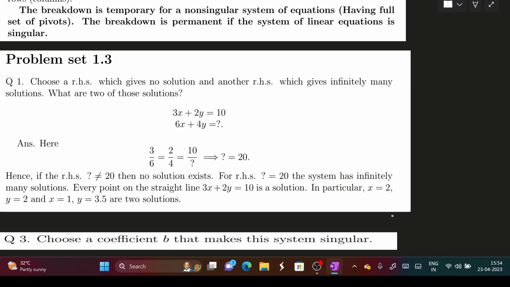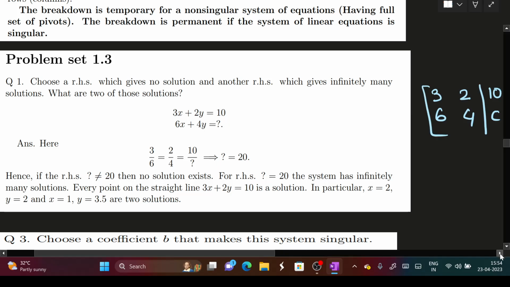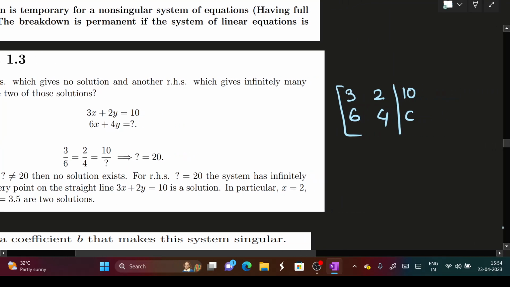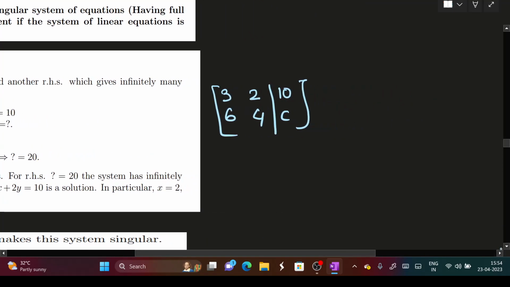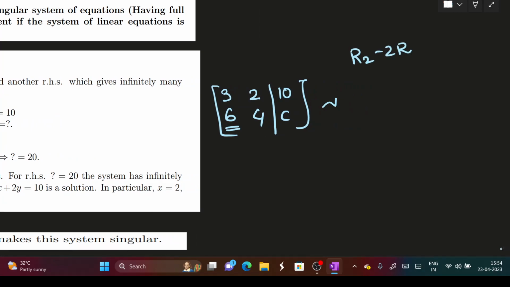So what is the augmented coefficient matrix? 3, 2, 10, 6, 4, C. What operation I should do? I want to eliminate this. So what operation I should do? R2 minus 2R1 stored in R2.